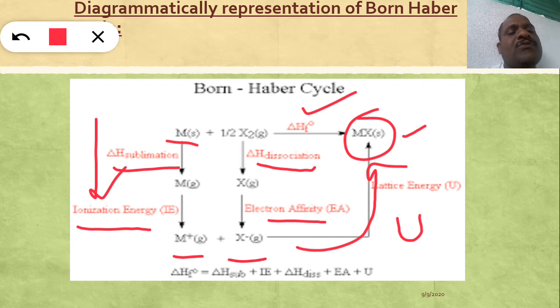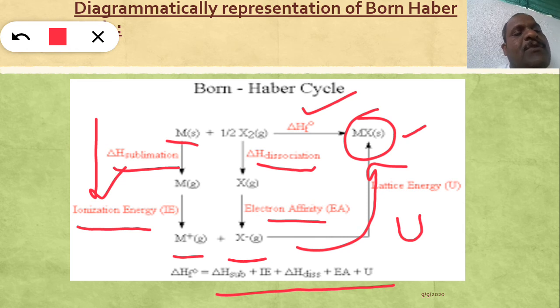If you want to get the heat of formation of these reactions, you just add all the energy released or absorbed in all the steps. You just do the summation: enthalpy of sublimation, enthalpy of ionization, enthalpy of dissociation, electron affinity, plus lattice energy.